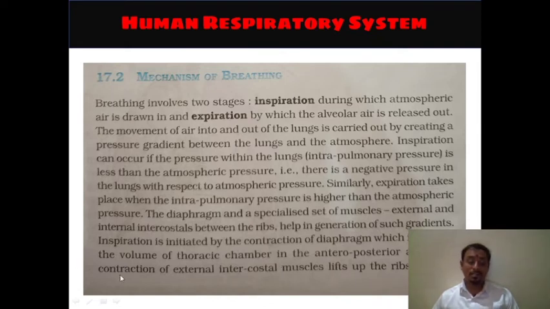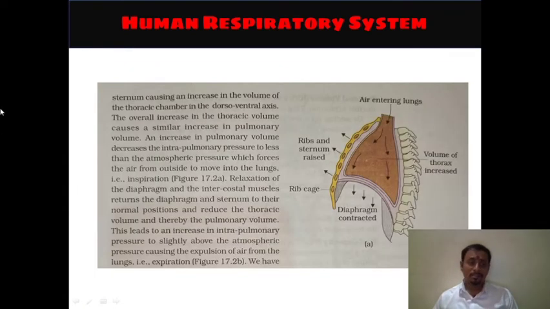The contraction of external intercostal muscles lifts up the ribs and the sternum, causing an increase in the volume of the thoracic chamber in the dorsoventral axis. The overall increase in thoracic volume causes a similar increase in pulmonary volume. An increase in pulmonary volume decreases the intrapulmonary pressure to less than the atmospheric pressure, which forces the air from outside to move into the lungs.